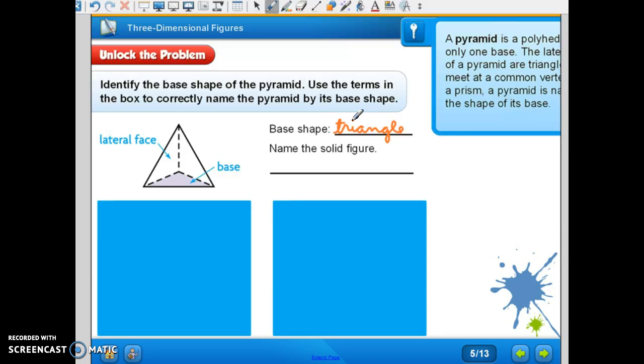And so what is this going to be? A triangular pyramid.